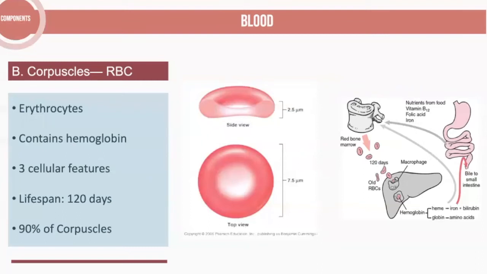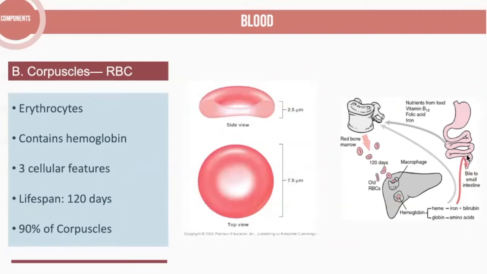As for the bilirubin, it will be recirculated into the liver, bound to albumin, then stored in the gallbladder as bile. So bile will then be secreted in the small intestine to aid in the digestion of fats. So upon reaching the large intestine, bacteria will actually convert the bile into urobilinogen.